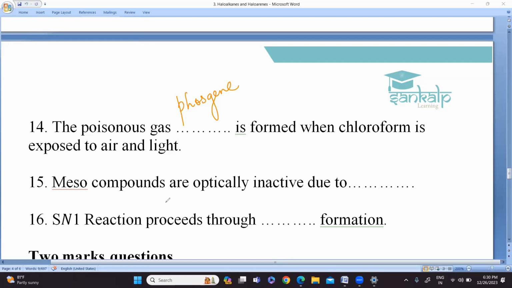Next question. Meso compounds are optically inactive. Why are meso compounds optically inactive, due to dash? What are meso compounds, students?